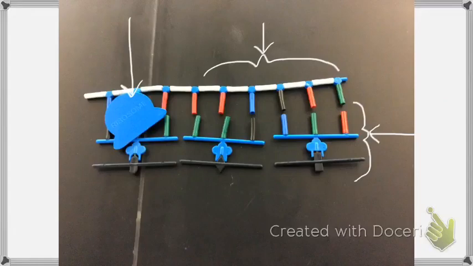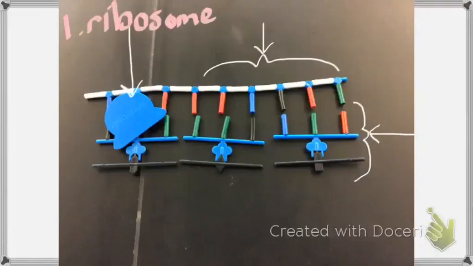All right, I took a picture. Man, there's so much going on up there. Just see if you can help me figure out the 3 major parts up here. I'm going to start with this big blue thing. I'll call it number 1. What's that big blue thing? That's a ribosome. And look, it's attached to this long white thing that has bases.